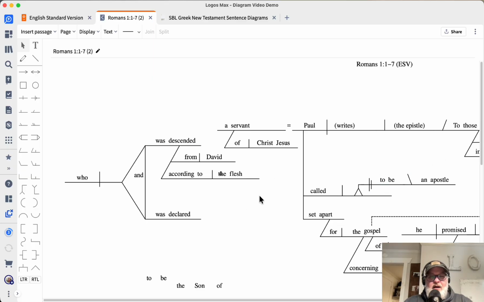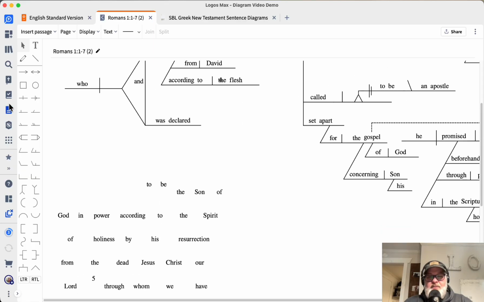But then also we have he was declared to be something, and he was declared to be the Son of God. And so we have the exact same setup that we have here, except instead of being to be an apostle, it's to be the Son of God.